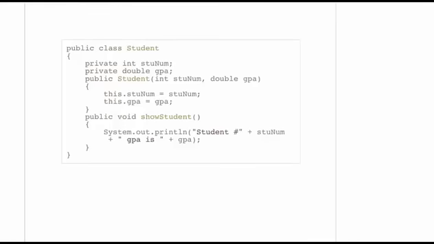Here's just another example where certain values are passed through a constructor method, and you use the this reference here in order to reassign the name of certain variables to attributes. In this case, let me color code what variables belong where. In here you have StuNum and GPA, and StuNum and GPA are the same thing as StuNum and GPA here.